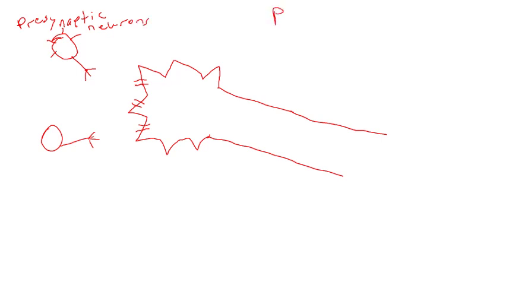And this one is the postsynaptic neuron. Presynaptic neurons release their neurotransmitters, and these neurotransmitters are released because of an action potential that occurs in these presynaptic neurons.